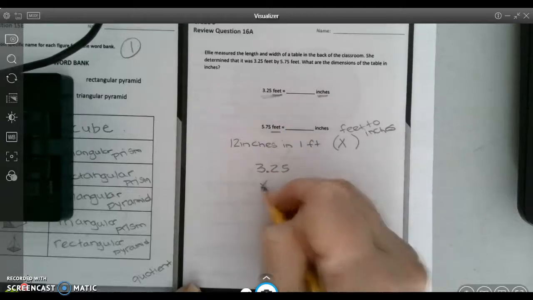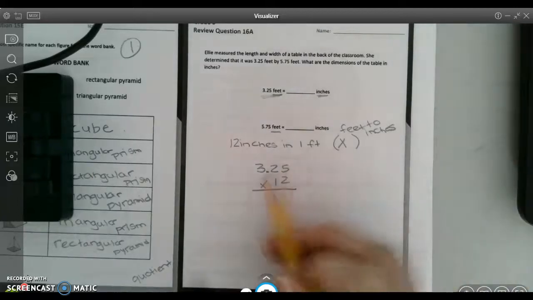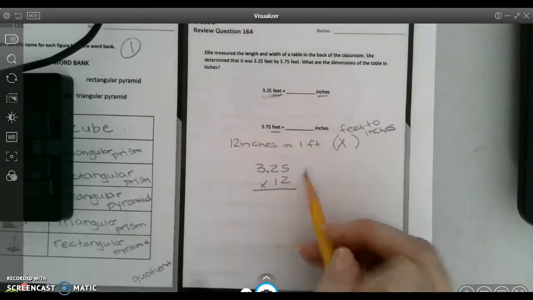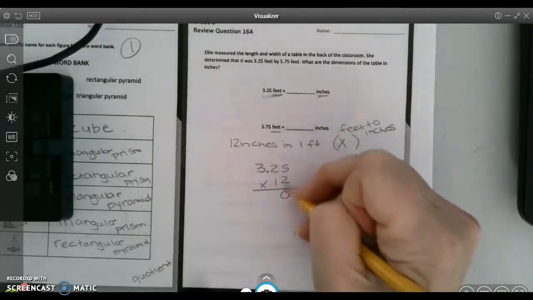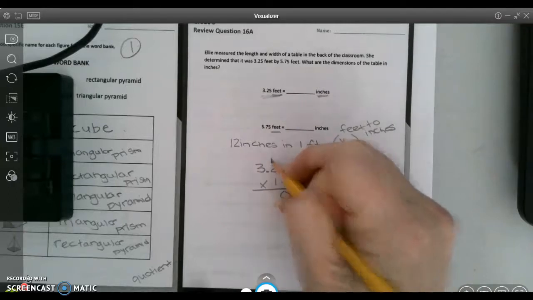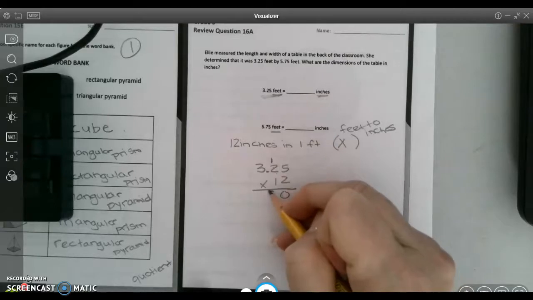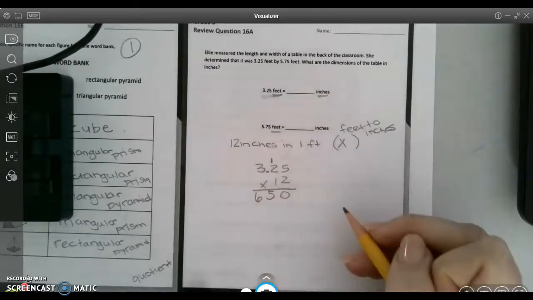So let's go down here and do 3.25 times 12. We're doing 325 hundredths, right? So we do 5 times 2, which is 10, carry the 1. 2 times 2 is 4, add 1 is 5. 3 times 2 is 6.